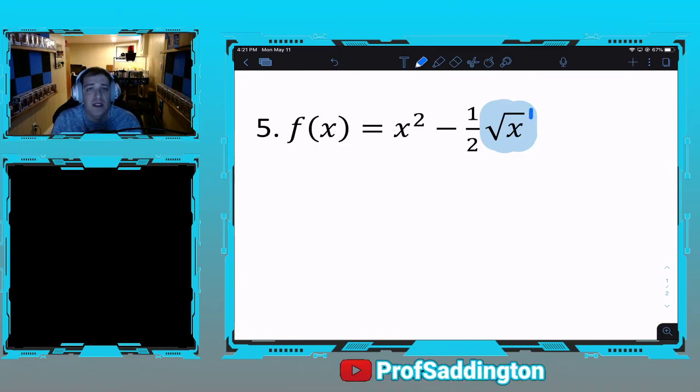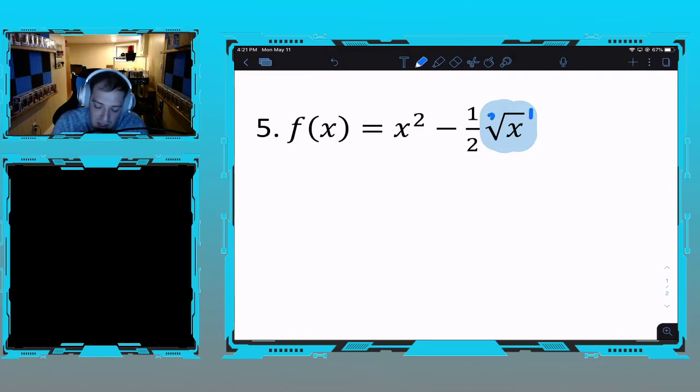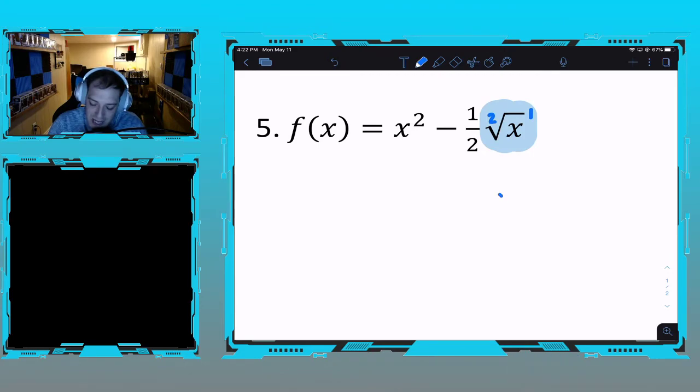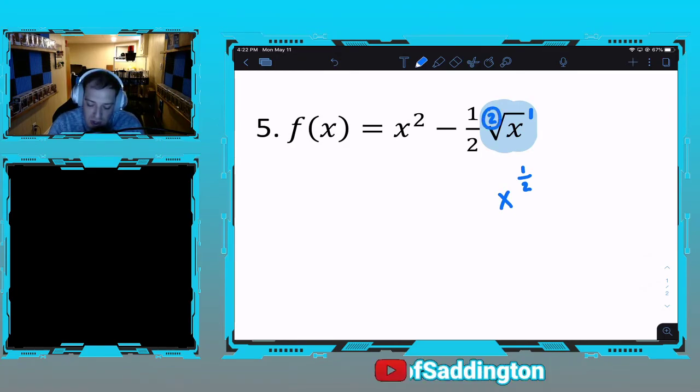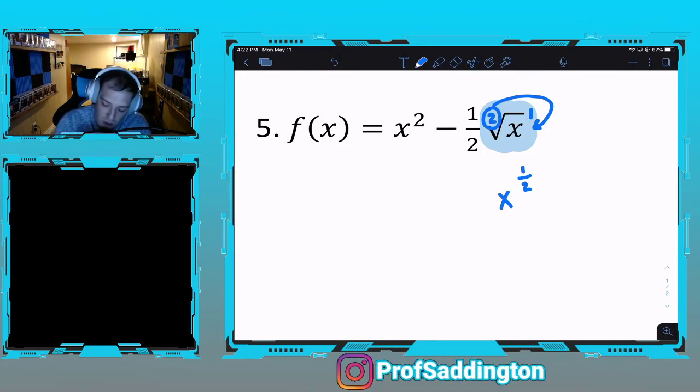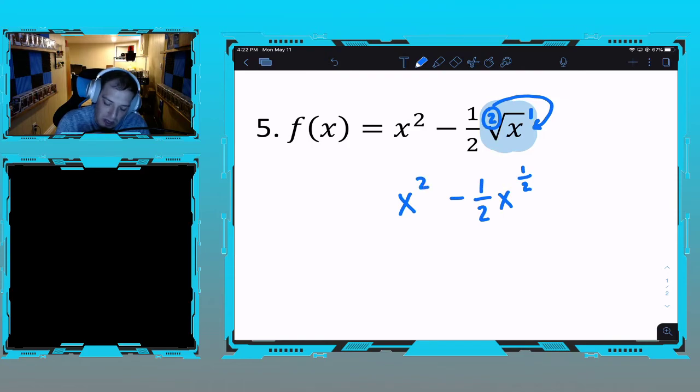And technically, because it is a square root, there is a 2 on the outside. If I want to rewrite this as a fraction, so there's no radicals involved, this is really going to be x to the 1/2 power, because what I'm doing is I'm taking the 2 and bringing it to the bottom of the exponent. And now I can rewrite the rest of this, the -1/2 and the x squared.